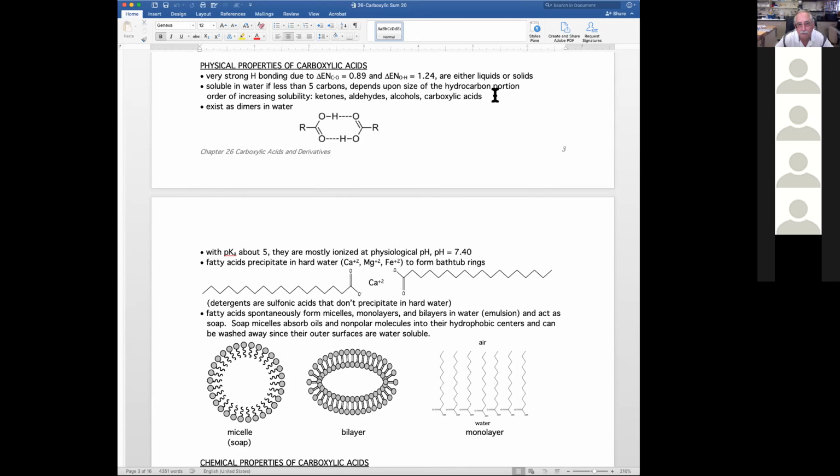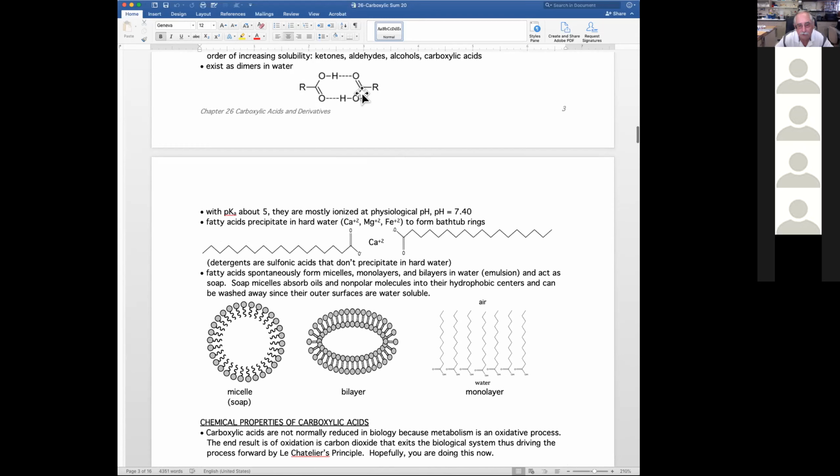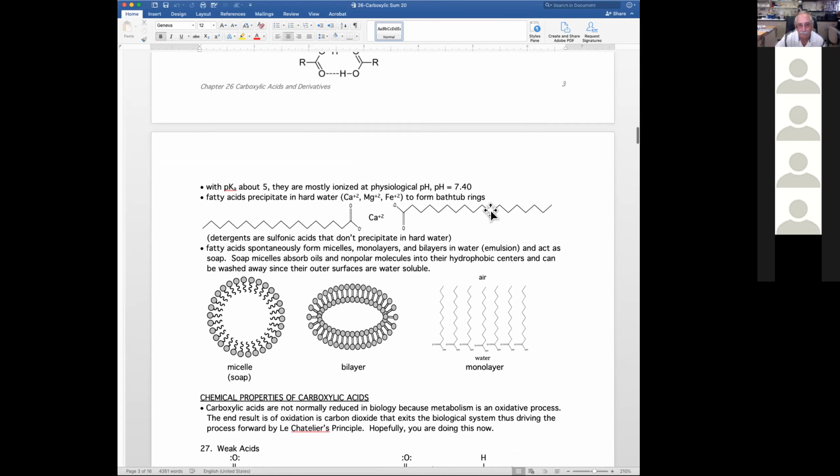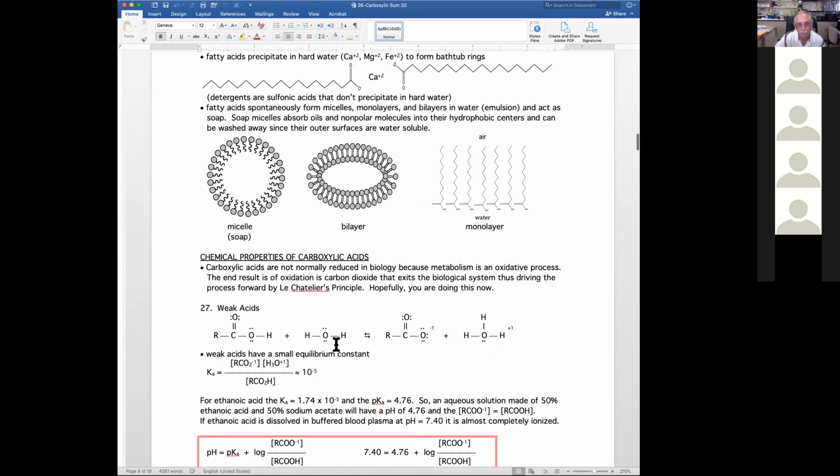And what they found, if you put carboxylic acids in water, they often float around as dimers. Okay, so an extremely strong hydrogen bond here and here. So carboxylic acids have a pKa of about 5. They're mostly ionized at physiological pH, which is 7.4. See, I addressed that down here. Okay, again.